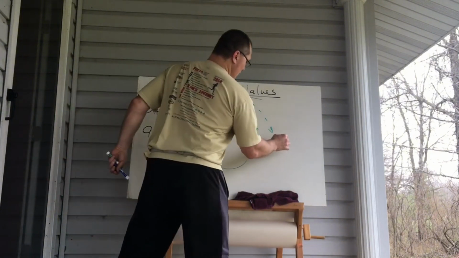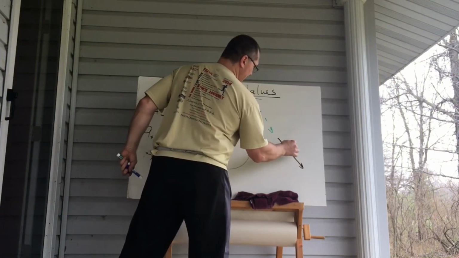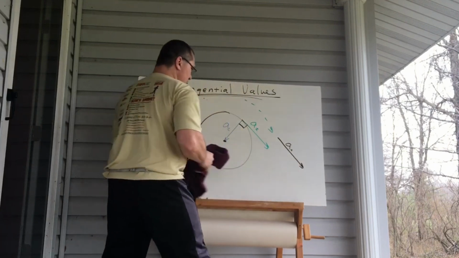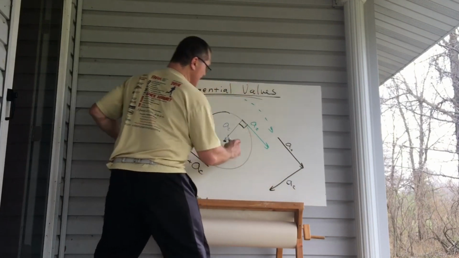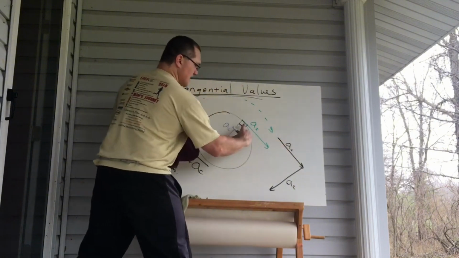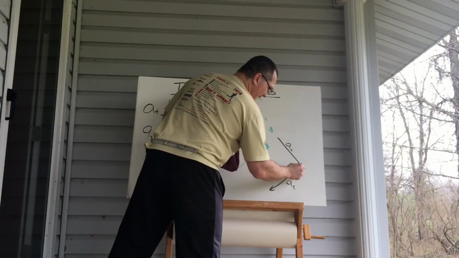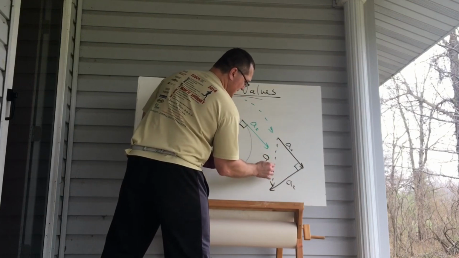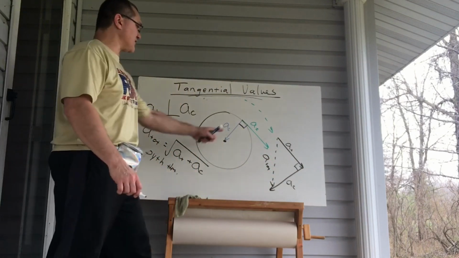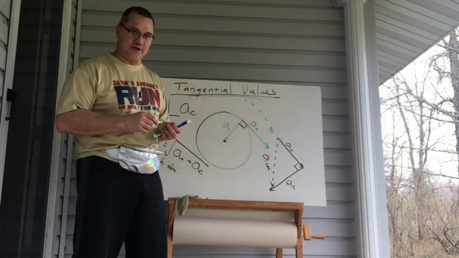You're taking your tangential, AT, and then you're adding head to tail, your AC. We're just moving this vector here, this vector here. You have a right angle here, so therefore your total acceleration is going to be the vector sum of those two accelerations.